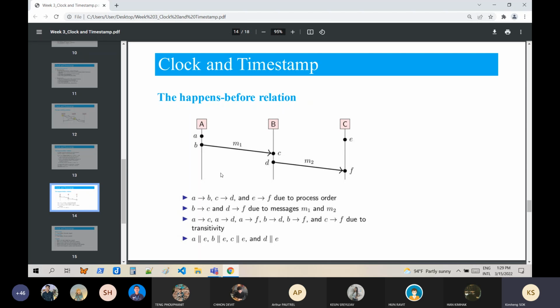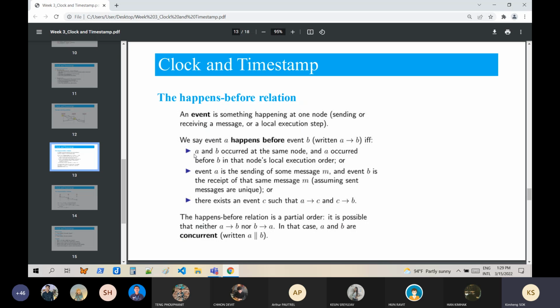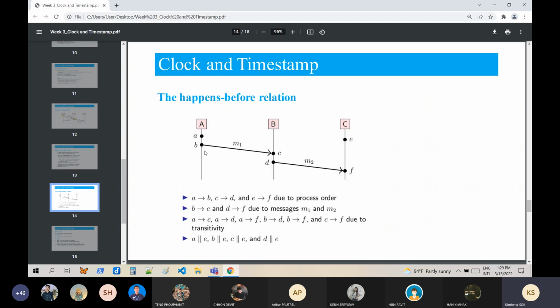Normally in a network or distributed system, we don't call it a machine; we call it a node. So if A and B happened at the same machine, and A is happening before B, we say that A happened before B, and we use the arrow like this. This is a happen-before relationship.